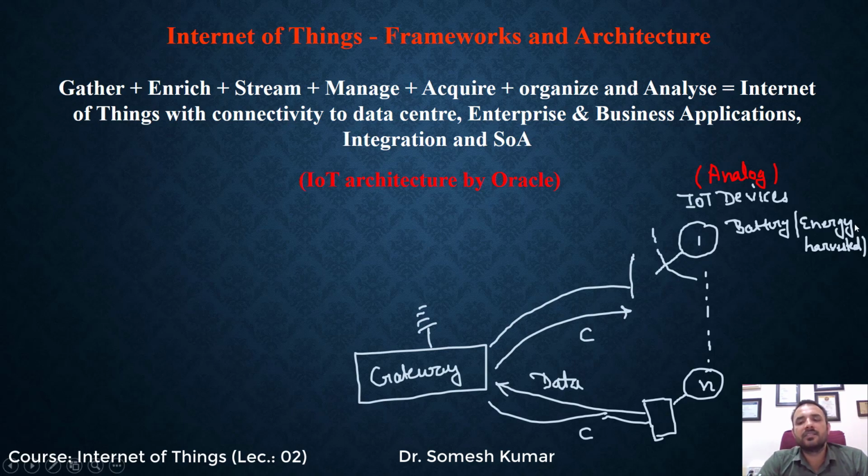These IoT devices are battery operated devices or energy harvested devices. Basically, these IoT devices have an embedded operating system or some embedded code which helps them communicate with this gateway. Without this embedded code or embedded operating system, this IoT device can't communicate or talk with this gateway device.